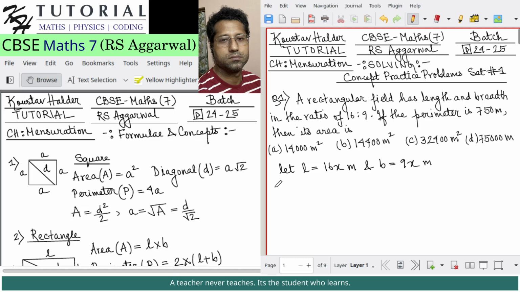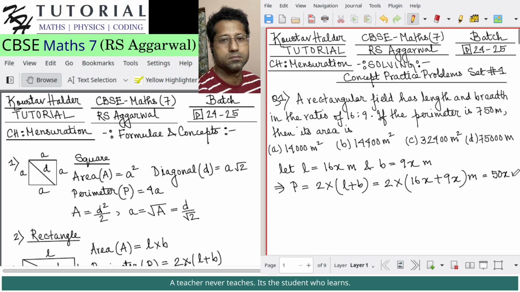Okay, so this implies the perimeter P will be, for a rectangle, 2 into length plus breadth. This is equal to 2 multiplied by 16x plus 9x meter. 16x plus 9x is 25x, 25x into 2 is 50x.